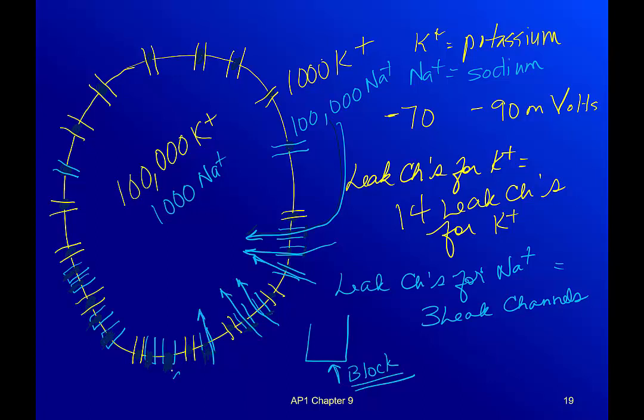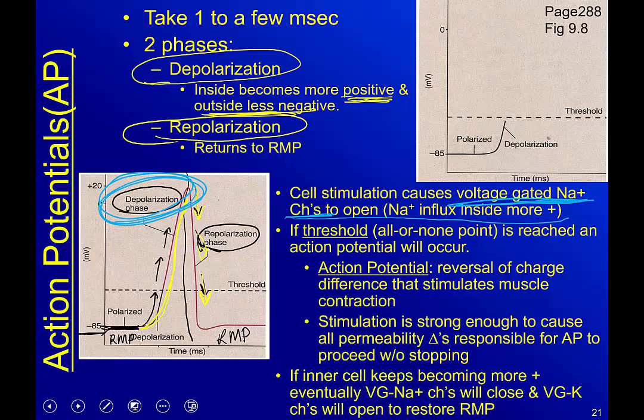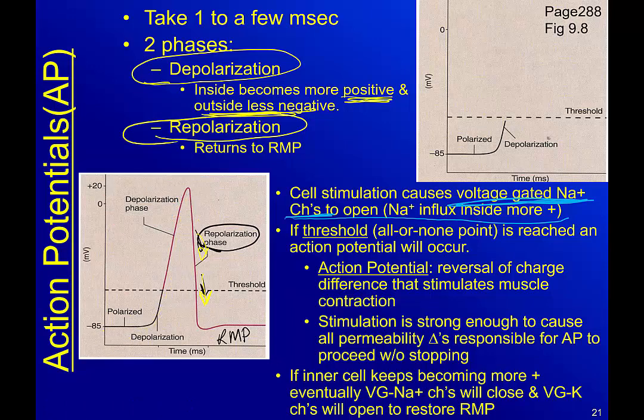Because I've opened all of these gates, it actually now has access to the inside of my cell. As I start flooding positives into my cell like this, the inside of my cell starts to become more positive. And the more I allow in, the more positive the inside of my cell becomes. That is depolarization, when those voltage-gated sodium channels open. Okay? Sodium influxes, it pours in.